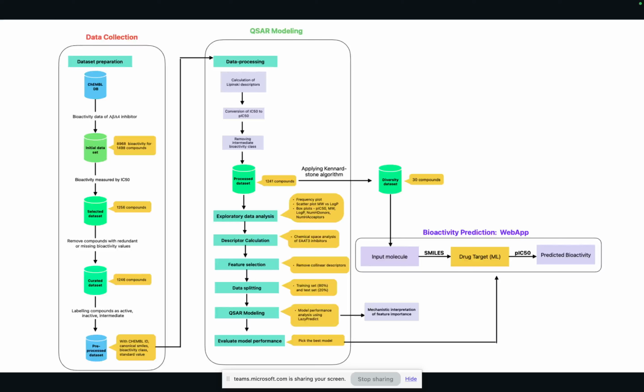We got an overall processed data set of 1,241 compounds. From those 1,241 compounds, we applied the Kennard-Stone algorithm to identify the diverse compounds, then checked with our machine learning algorithm and also verified using docking. This is the overall pipeline which we have devised.